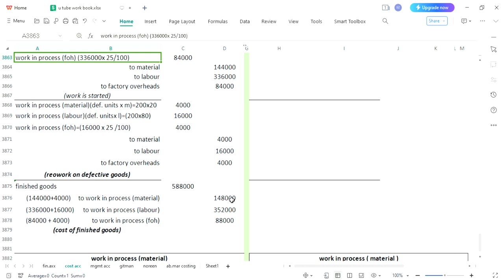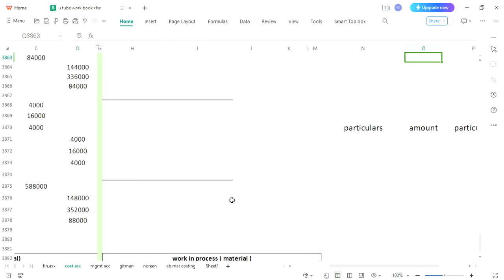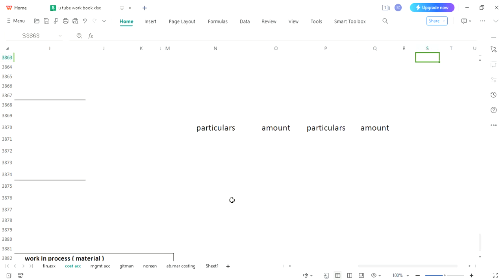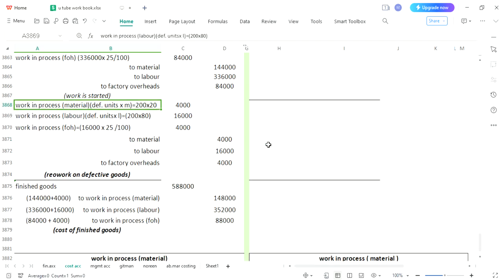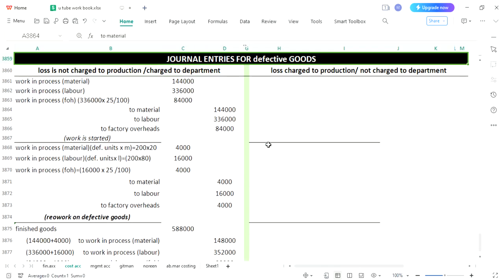This is your first question. Kindly keep it in mind. You will not be able to get full marks if you are not making ledgers. Over here, I am making the first ledger, and you will have to keep your attention over here. There are only two entries. This is your first entry and you are making the ledger for work in process material.